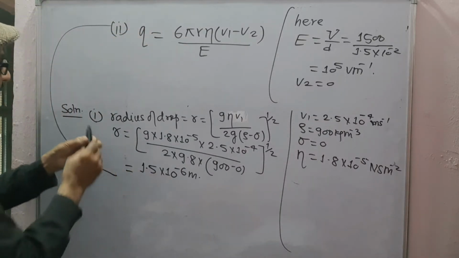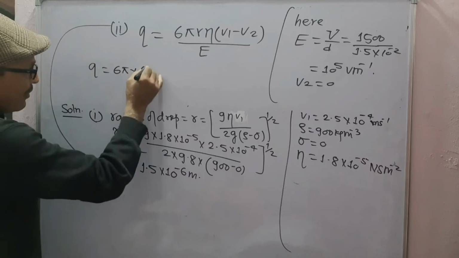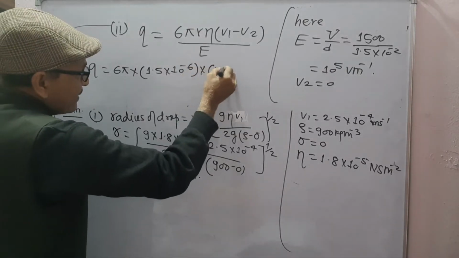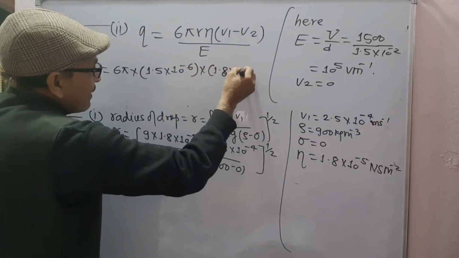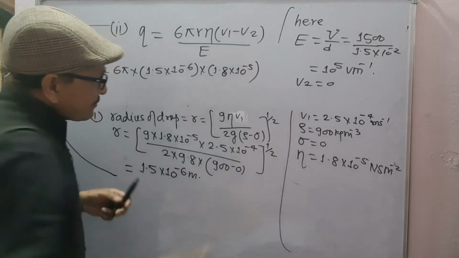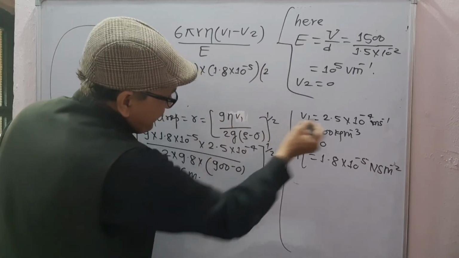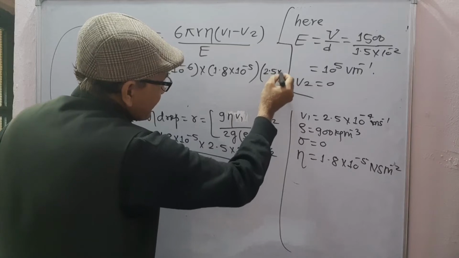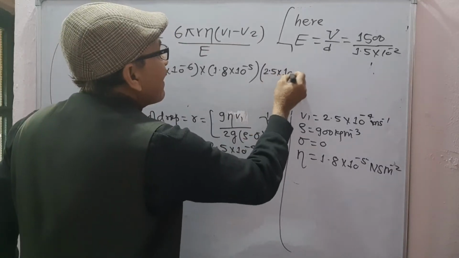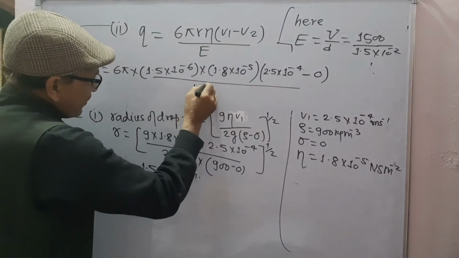We have calculated R, therefore q will be equal to 6 pi times 1.5 x 10^-6 times eta, 1.8 x 10^-5, times V1, 2.5 x 10^-4, and V2 is 0, upon E, which is 10^5.